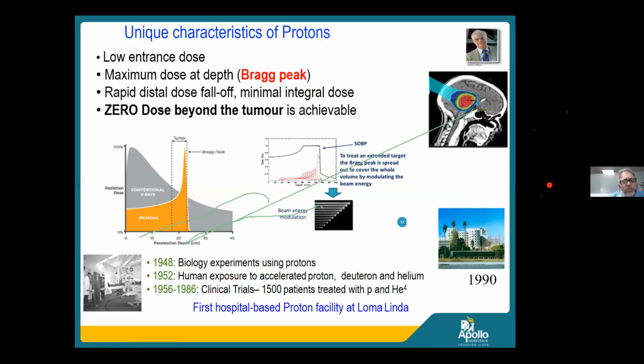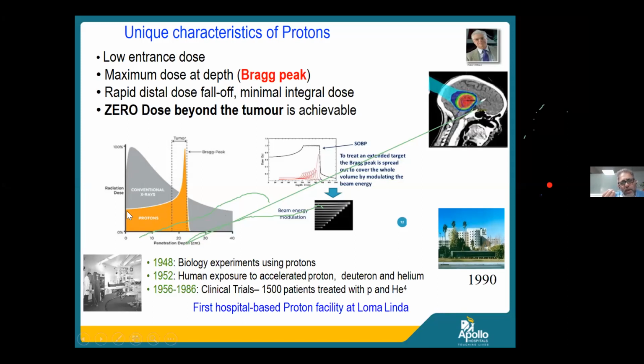Traditionally, when proton therapy was started, and surprisingly it is not so new, although it is relatively new from the clinical practice perspective, conceptually Robert Wilson was among the first ones, way back 70 years ago. What happens is that the conventional X-rays enter the tissue and have this classical dose fall off, while protons have a lower entrance dose as compared to conventional X-rays.